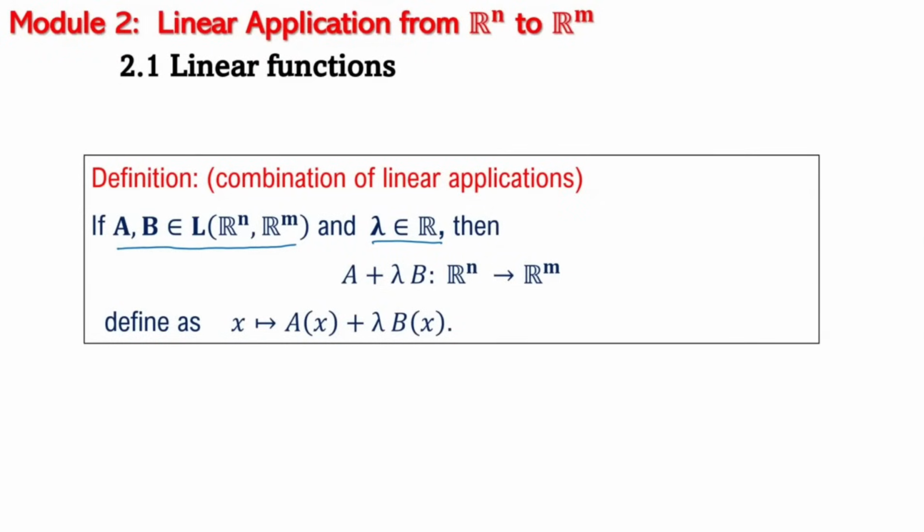Then A plus lambda B, the linear combination of the linear functions A and B, is a function from again R^n to R^m, and it's defined like this: for x belonging to R^n, (A plus lambda B)x equals Ax plus lambda Bx.